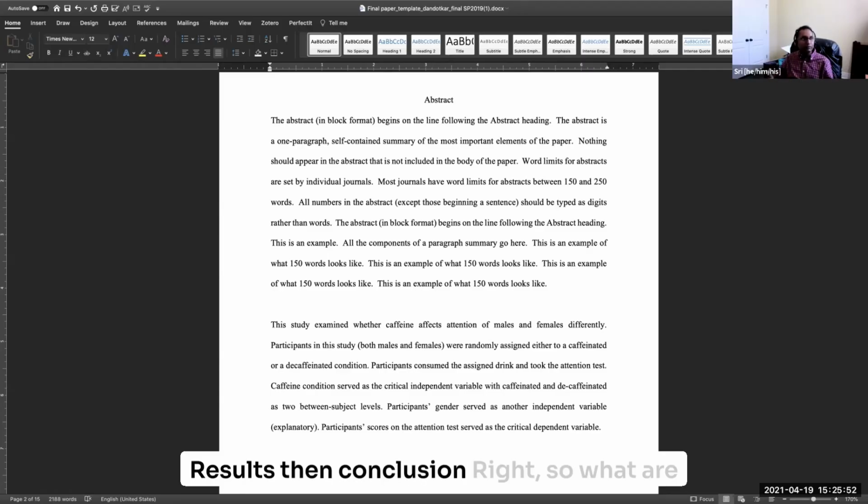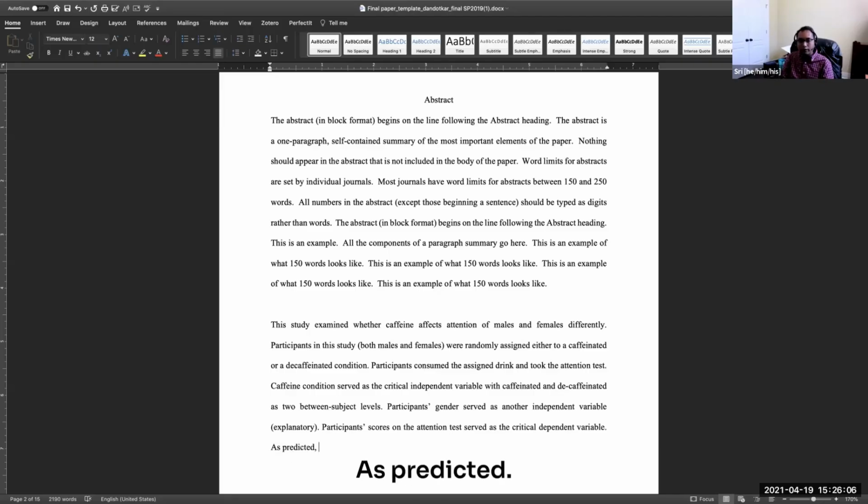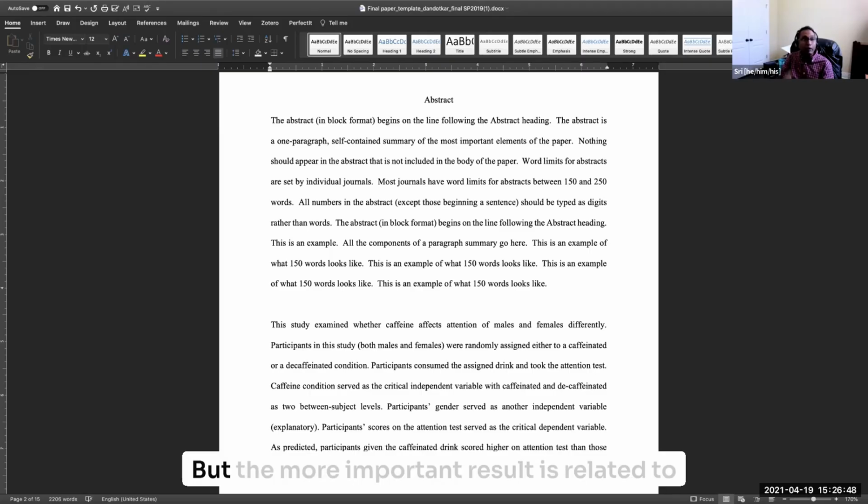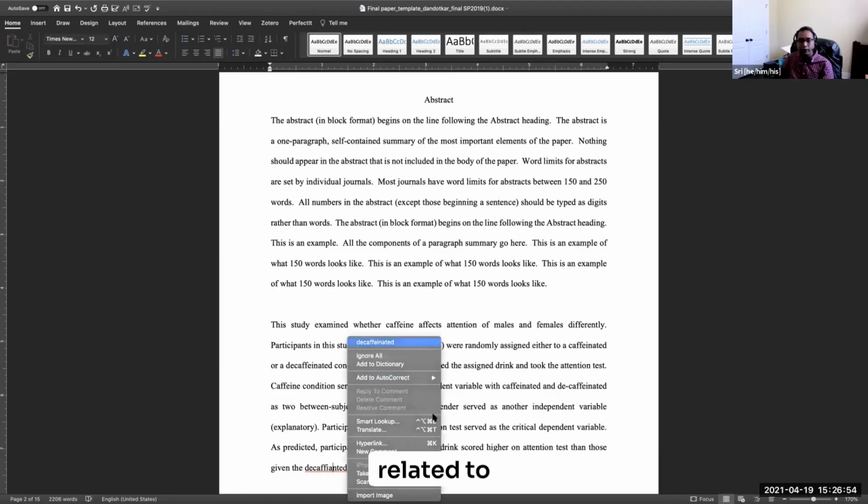Results, then conclusion, right? So what are the results? Let's assume you got the results. Then say, as predicted, participants given the caffeinated drink, without numbers, right? Only the explanation. Participants given the caffeinated drink scored higher on the attention test than those given the decaffeinated drink. But the more important result is related to the most important prediction, which is related to interaction, right?